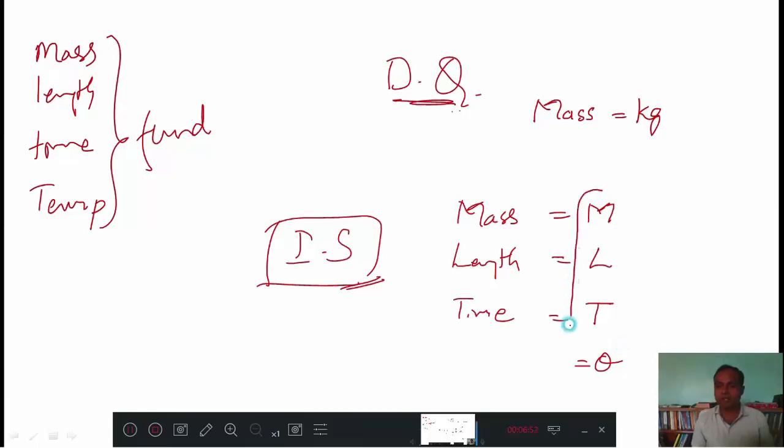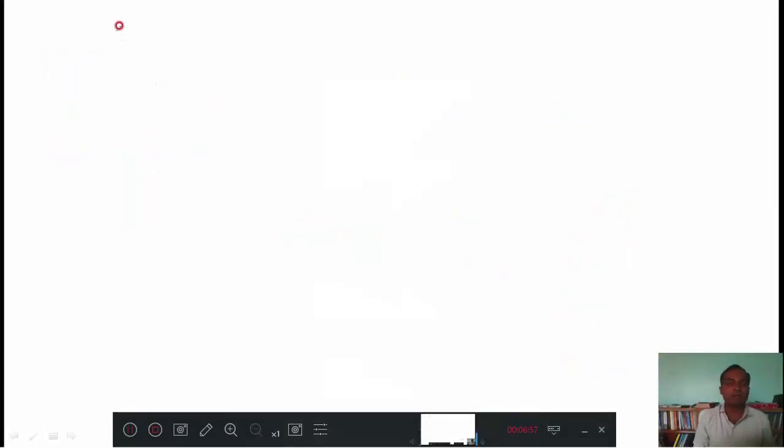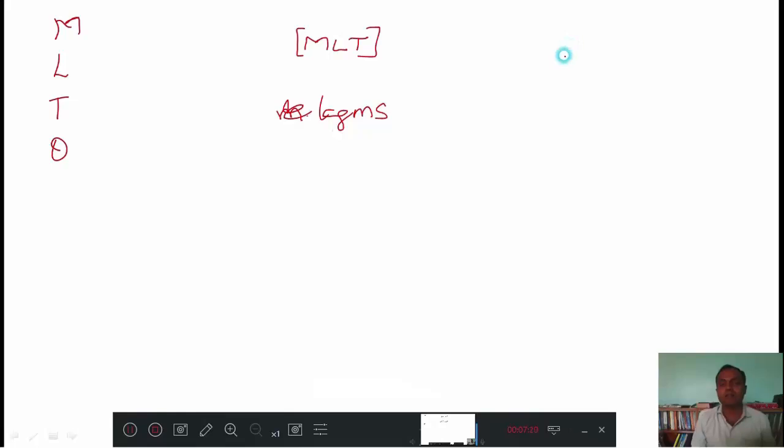These are very important letters in dimensional analysis. M indicates mass, L indicates length, T indicates time, and theta is the temperature. Dimensions we always need to write in a square bracket, that is [M L T], meaning kg meter second. And if you write M L T raised to minus 2, it means kg meter per second square.